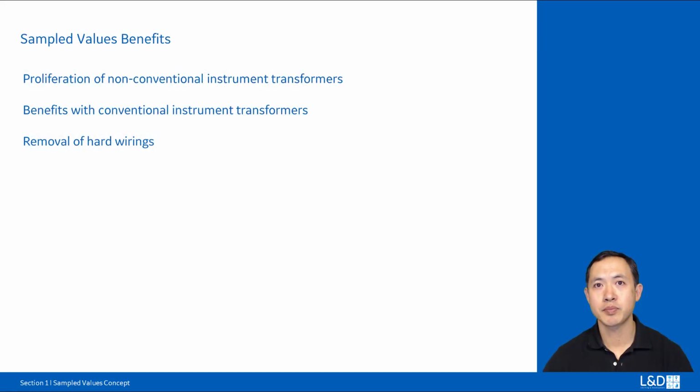Sampled values are especially essential for the proliferation of non-conventional instrument transformers. Other than conventional CTs and PTs, the output quantities of these sensors are not interoperable. The signals are specific to the physical principle of the sensor and the vendor's implementation.